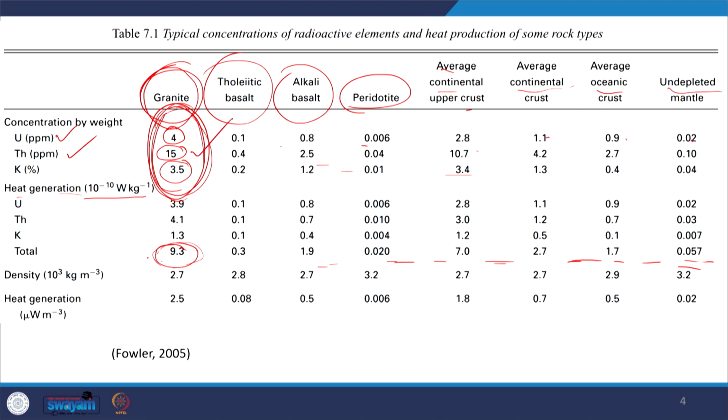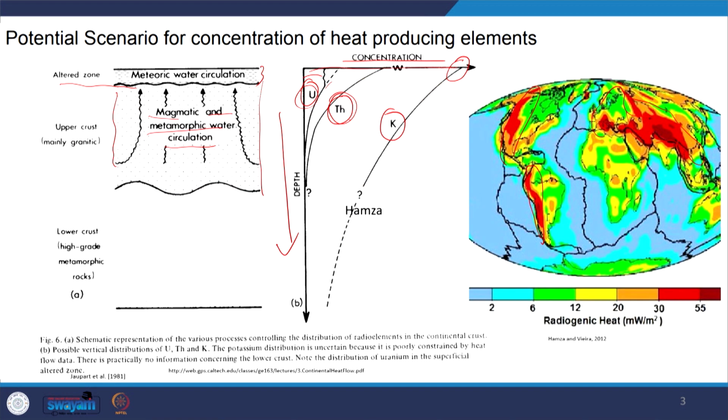Similarly, the heat generation in granite is maximum and the density is less. So, we can say that where we find granitic bodies, mostly the heat production is more. Now, come to the previous slide.